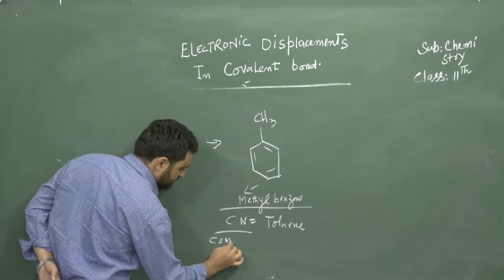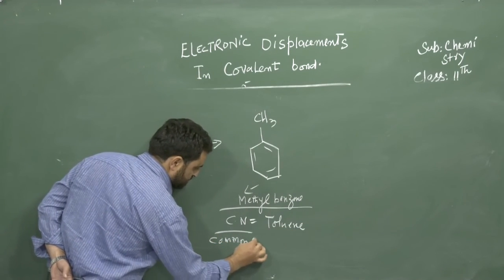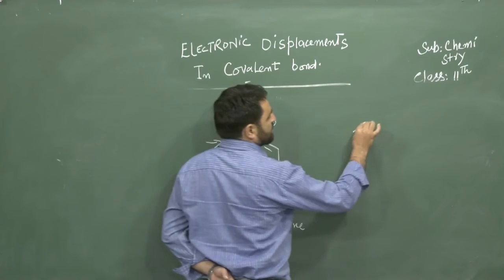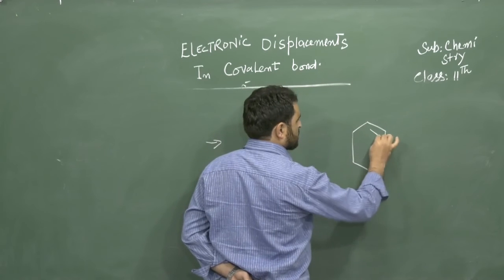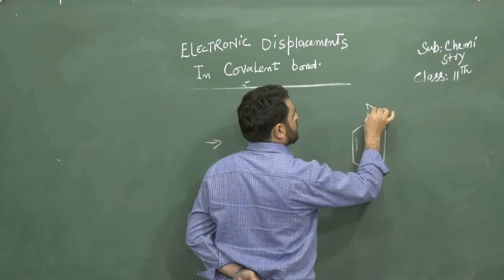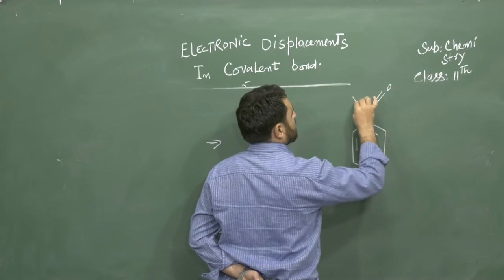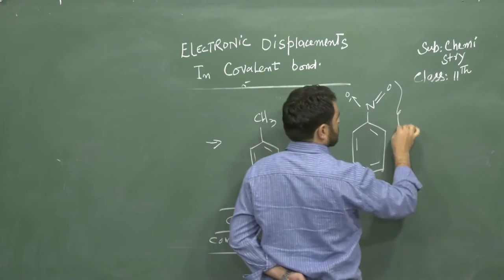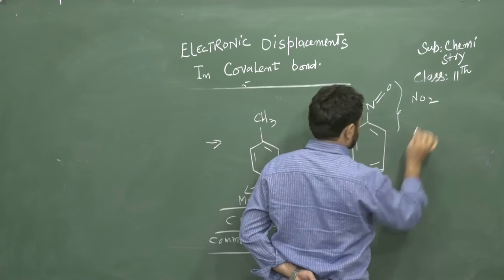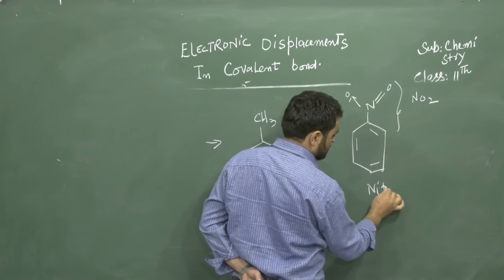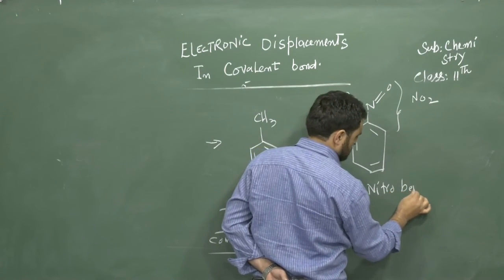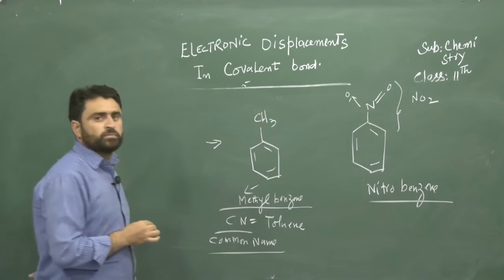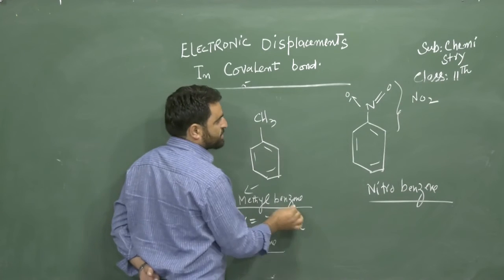If I draw another compound here, this is actually NO2. It is called nitrobenzene. This is nitrobenzene, and this is methyl benzene.